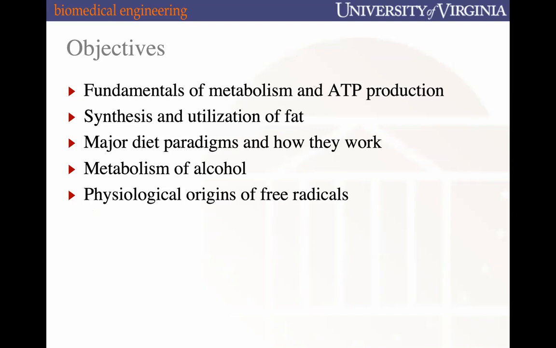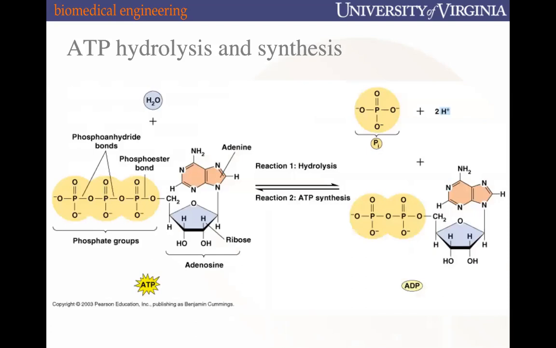We're going to talk about the origins of free radicals and look at how fats are synthesized and how they're used, as well as some of the major diets and how they use this information, and perhaps what might interest some of you, the metabolism of alcohol and how that can have deleterious effects in excess. First, tackling the first phase of metabolism, we're going to talk about glycolysis today.